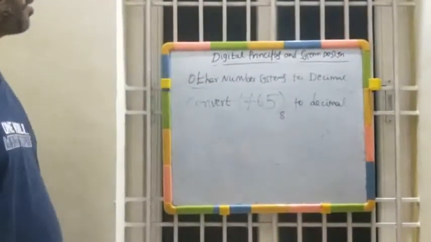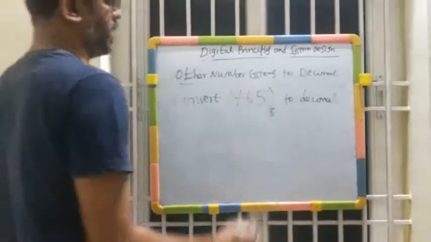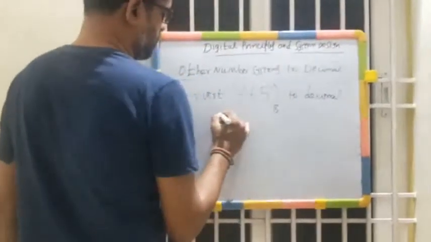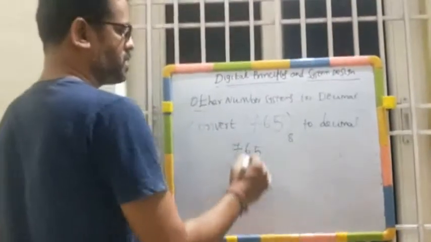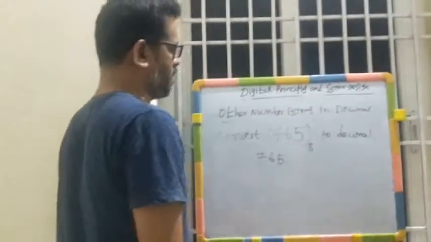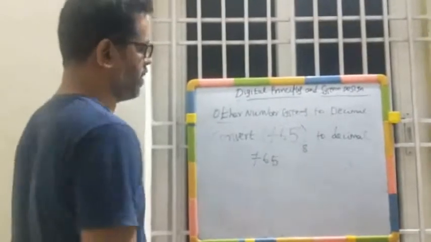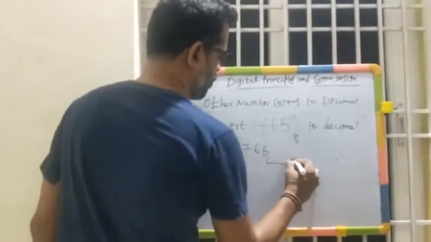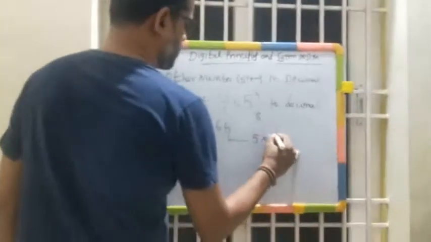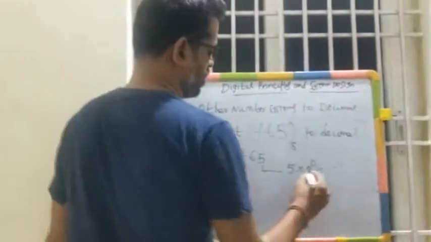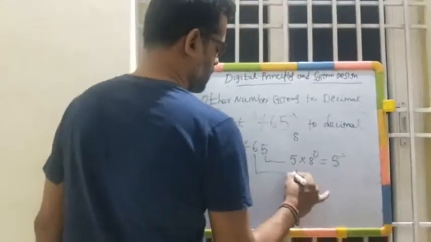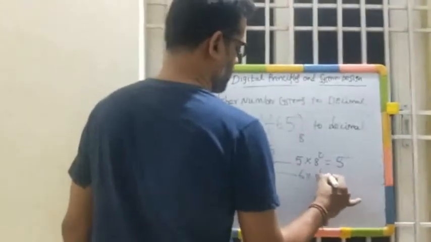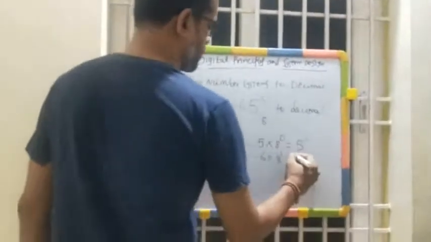So as I already told you, the procedure is very same. You have to take 765 and each digit must be multiplied by integral power of 8 here. So 5 into 8 power 0. Anything power 0 is 1. So 5 into 1 is 5. 6 into 8 power 1, 8 power 1 is 8. So 6 into 8 is 48.